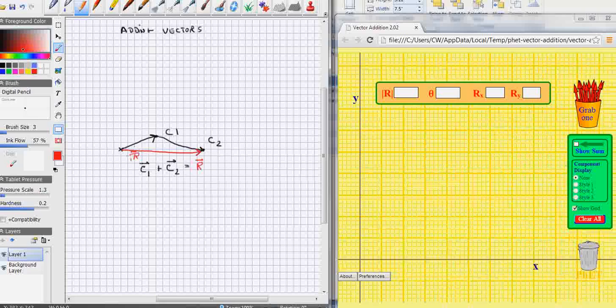I'll put a vector over the top here, and I'll relabel this one as C1. So C1 is the vector that goes from here to cabin 1, in other words, and C2 is the vector that goes from cabin 1 to cabin 2.